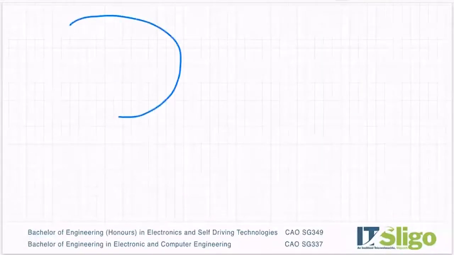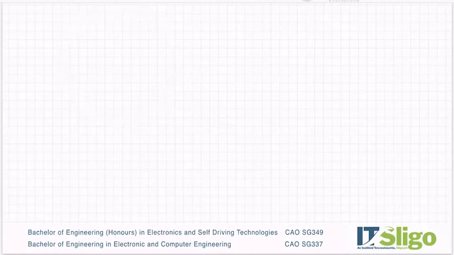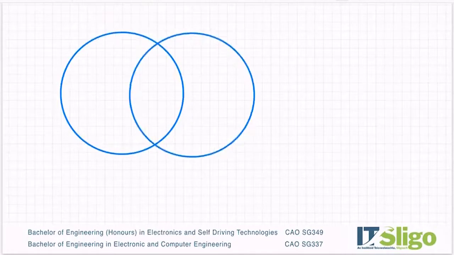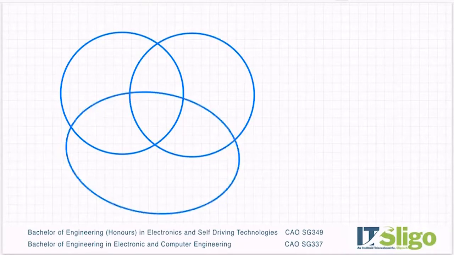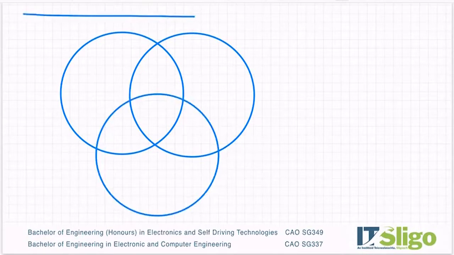So we have A, just draw it down a bit more. So I have a universal set, A, B, C. Okay, and then draw the universal set around it.